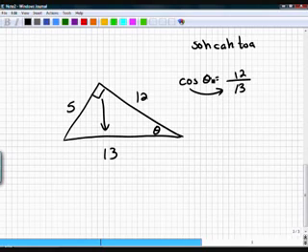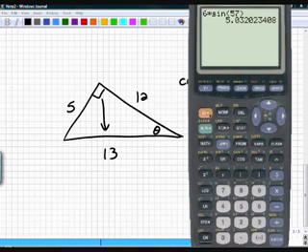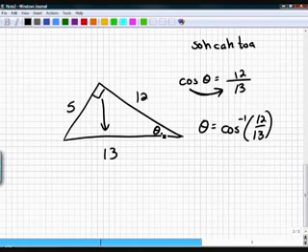To figure out an angle, you will always use that inverse cosine button. That's how you move cosine from one side to the other. So you'll do inverse cosine of 12/13, which is right above cosine. Inverse cosine of 12 over 13 gives you what? 22.62. We'll call it 23 degrees. So theta, 23 degrees.